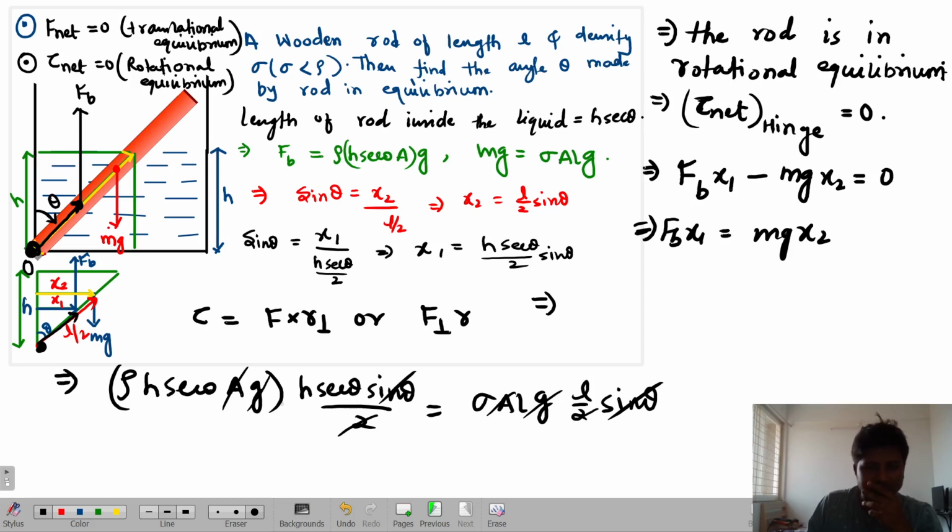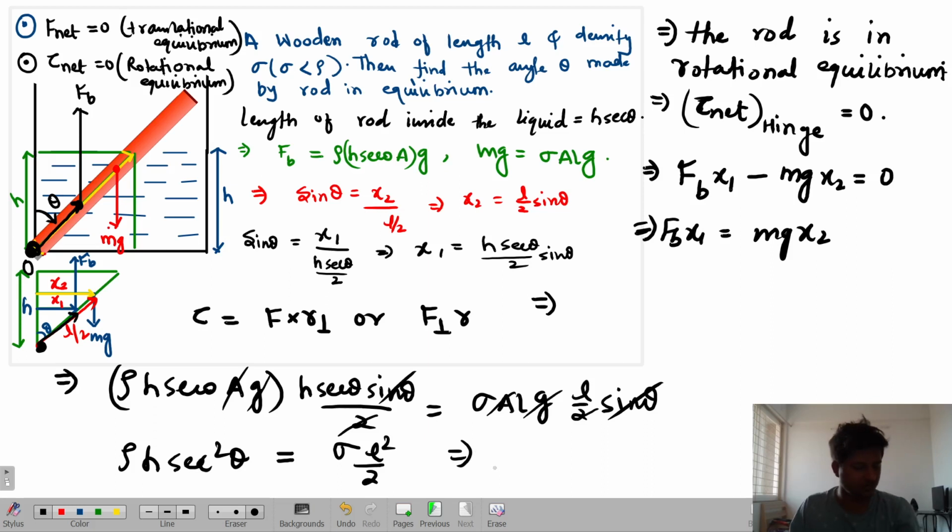So the equation is rho h sec square theta is equal to sigma L square by 2. Are you able to get me or not? You can just put it and get it in terms of, I think h square is also there. So sec square theta is equal to sigma by rho, and the 2 also got cancelled now.